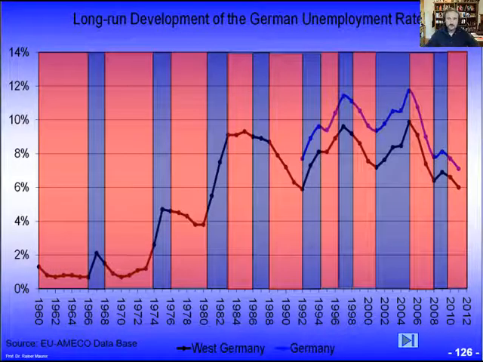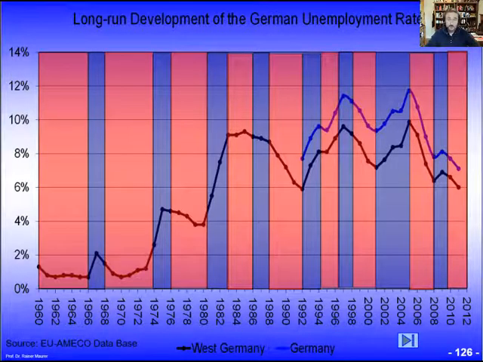It is observable that the unemployment rate typically increases if the economy enters a downswing period, like here, or here, or here, here, and so on. In the blue areas, most of the time, the unemployment rate goes up.